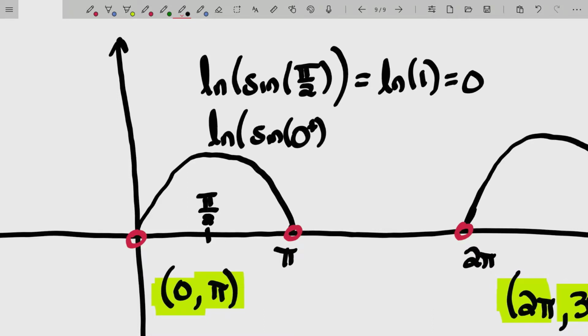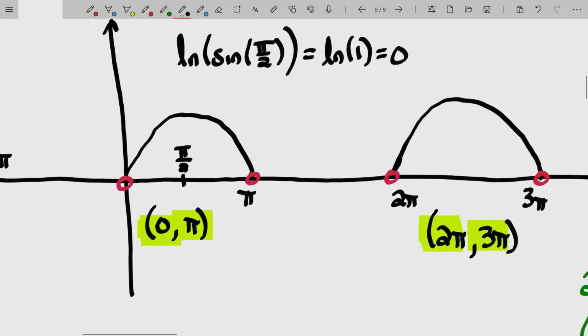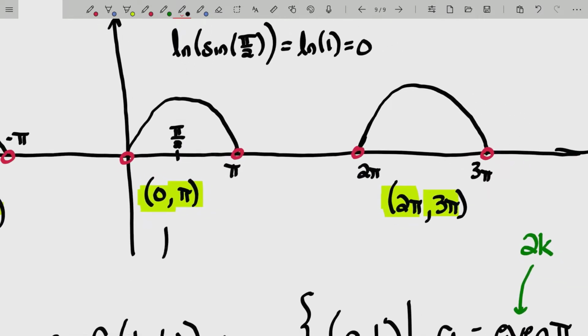is using this notation. In fact, let me clean that up a little bit, because that's a little messy. I'm going to maybe write it down below. The natural log of the sine of something near to 0, but still above 0. So that's like the sine of, let's say, 0.01 or something like that. Well, we know as values get close to 0, the sine itself gets close to 0.